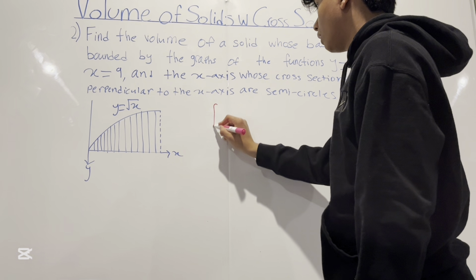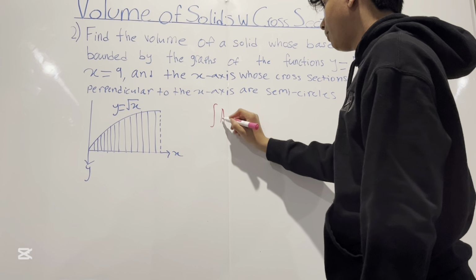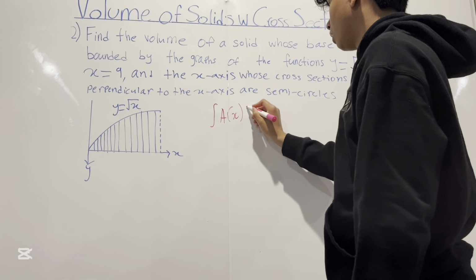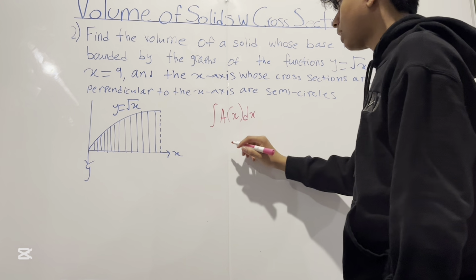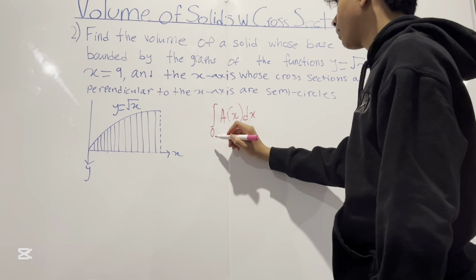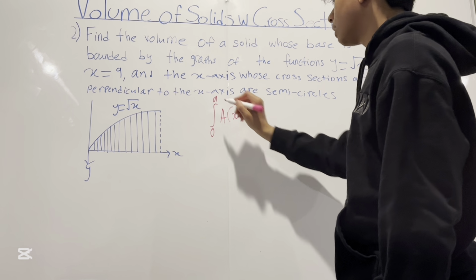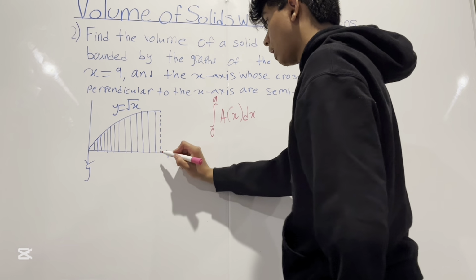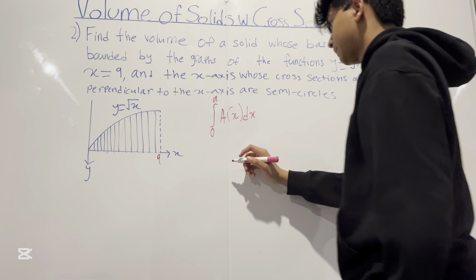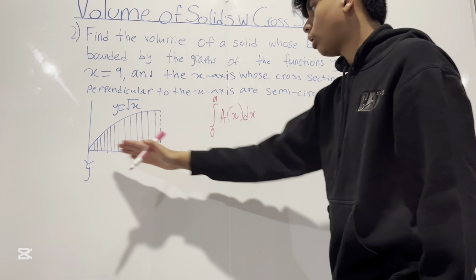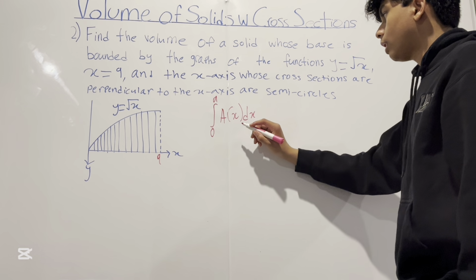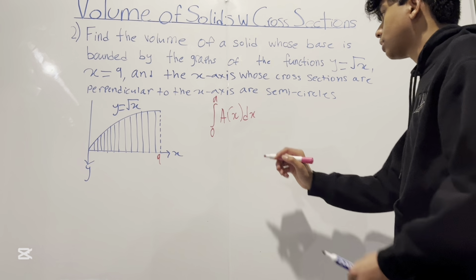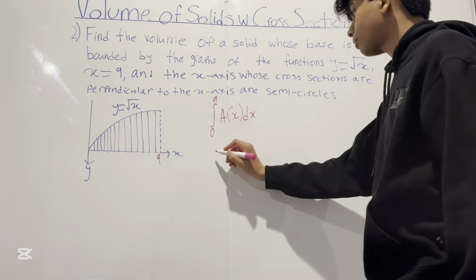So the integral of the area function dx, and this time the bounds are from 0 through 9, because they said it's bounded by x equals 9, which is a straight line, and this is 9 over here. So we're going to be integrating from here all the way to 9, and the area is again the area of the cross section, and this time it's semicircles.